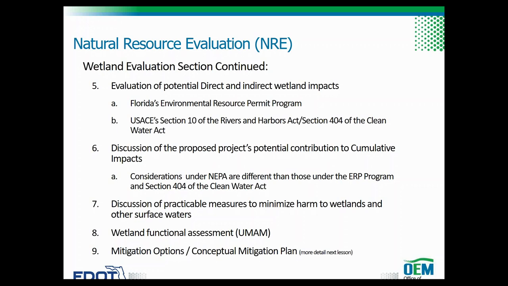A link to the standard specifications is provided on the resources page. 8. A functional assessment of the wetlands in accordance with UMAM. And 9. Finally, a discussion of the potential mitigation options available and description of how those options can be incorporated into the project.